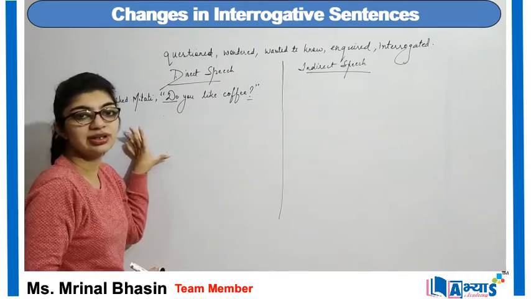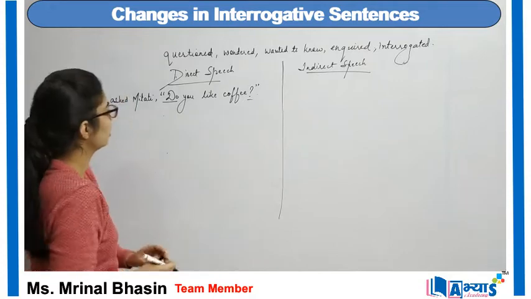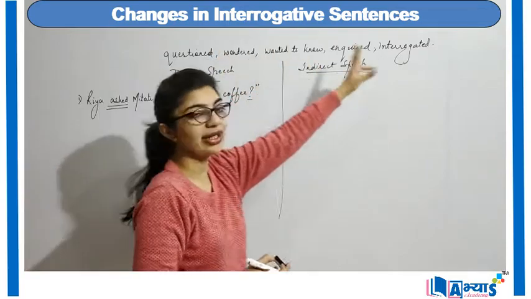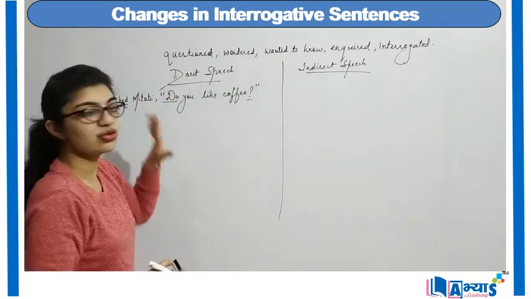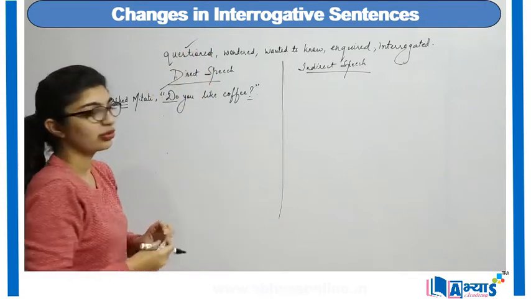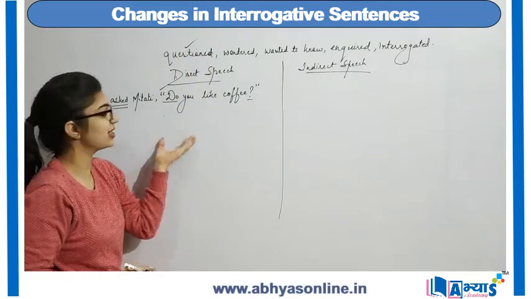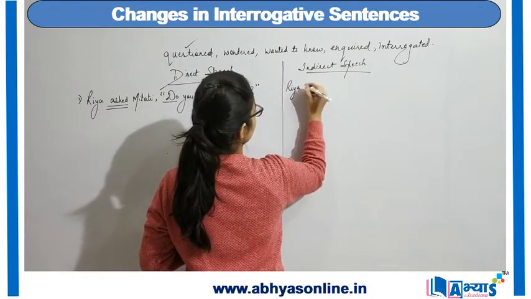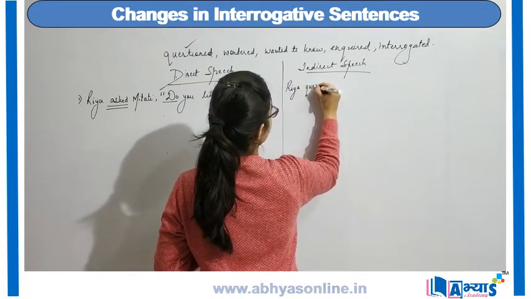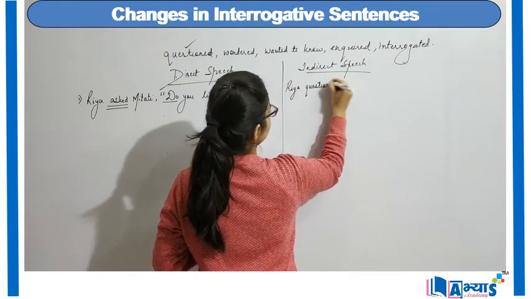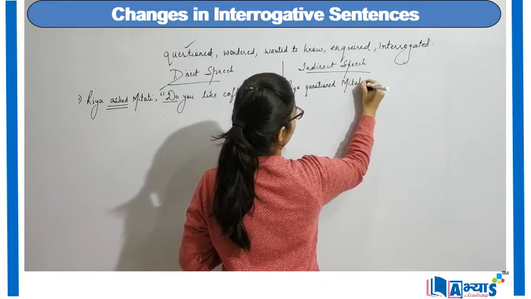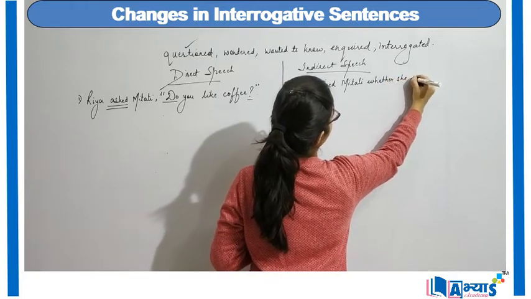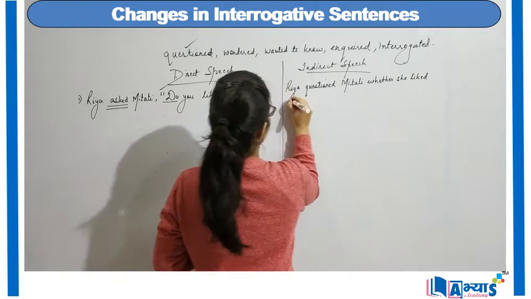Now I have to convert this sentence into indirect form. So my asked will be changed into either of these. But the best word is questioned, which is suitable for this sentence. So I will say, Ria questioned Mitali whether she liked coffee.